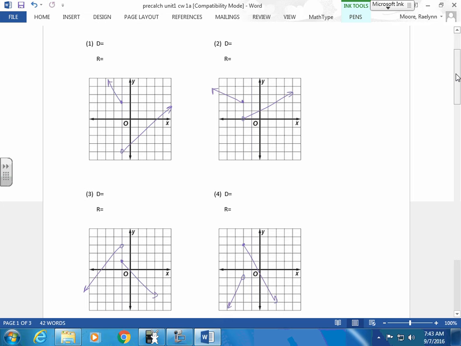If I'm looking at every x value to see if it has a y. So if you pick an x value, does it have a y? These guys all have y's. This one, does it have a y? Good. So what's my domain for this? All real numbers. Good.